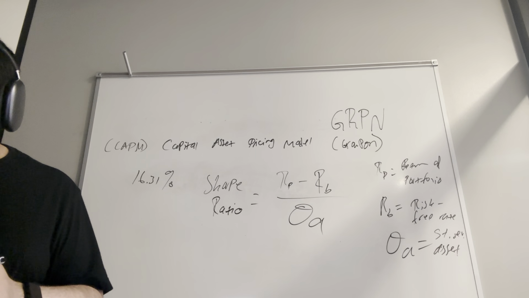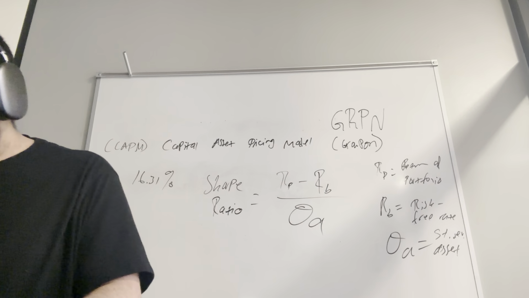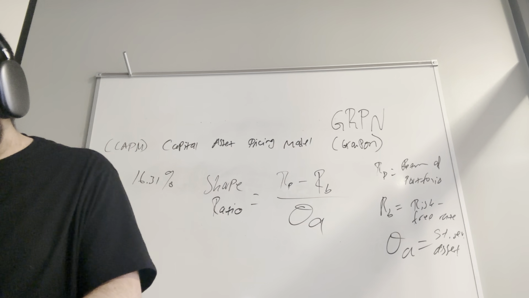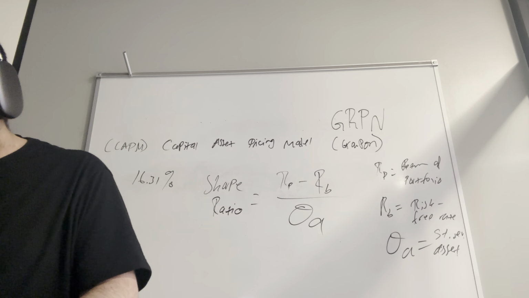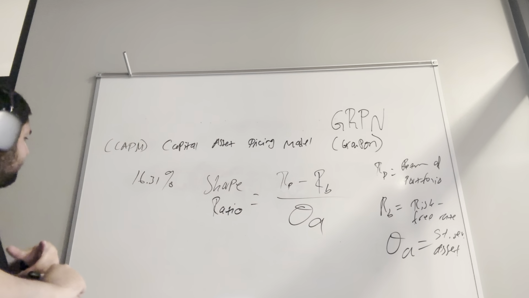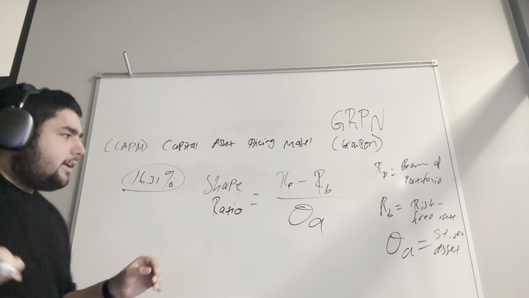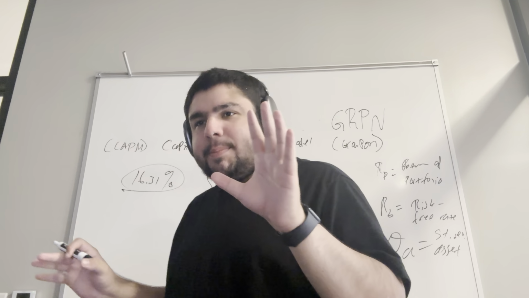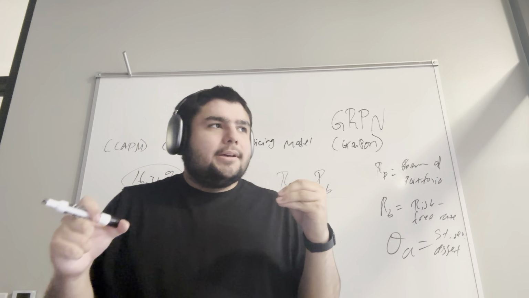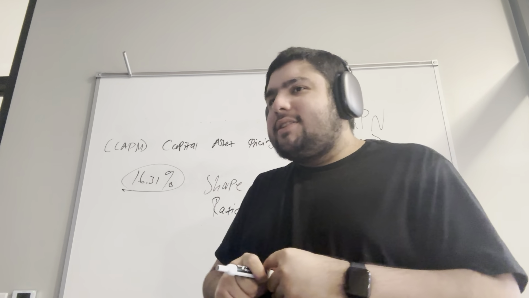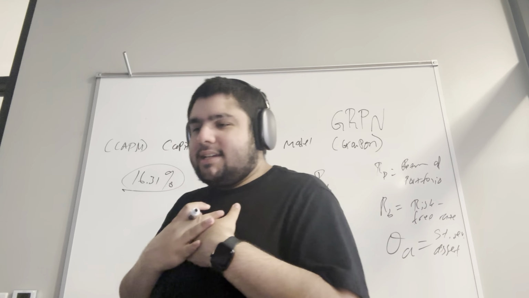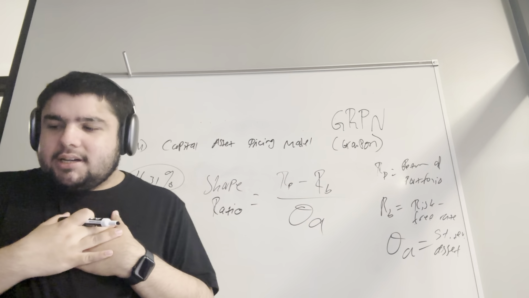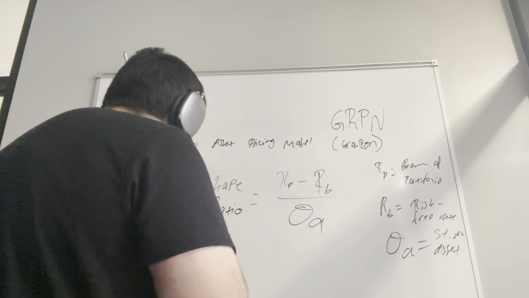So we're going to look at the return of the asset, which we calculated from CAPM. Okay, return of the portfolio. Sorry, I kind of messed up there. So it's not what I'm expecting. It's what the return of the asset is going to be.